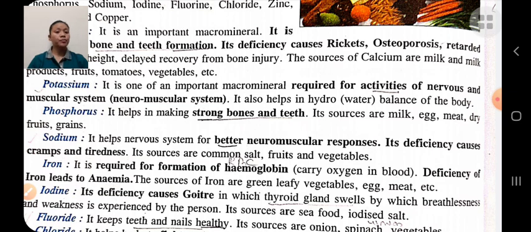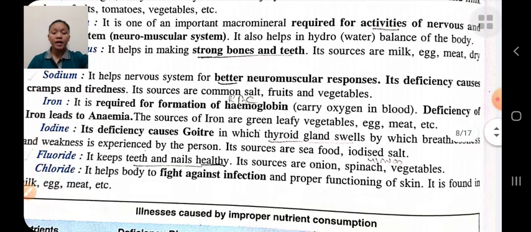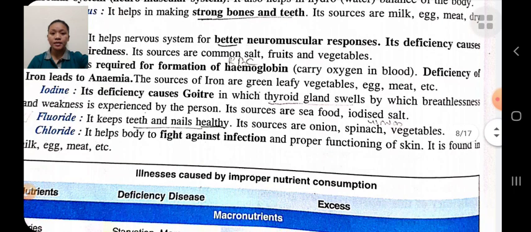Phosphorus helps to make strong bones and teeth. Sodium helps in better neuromuscular response. Its deficiency causes cramps and tiredness. Iron helps in formation of hemoglobin, that is, it helps formation of red blood cells.